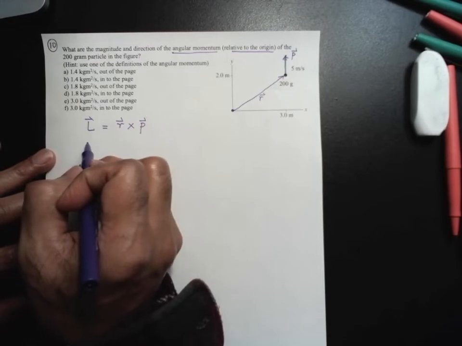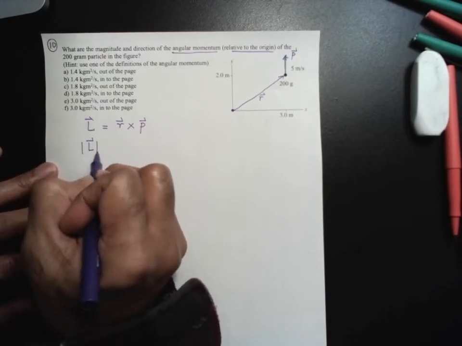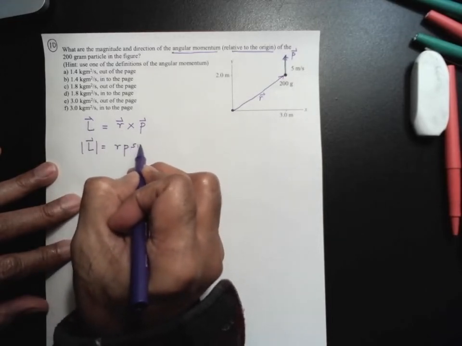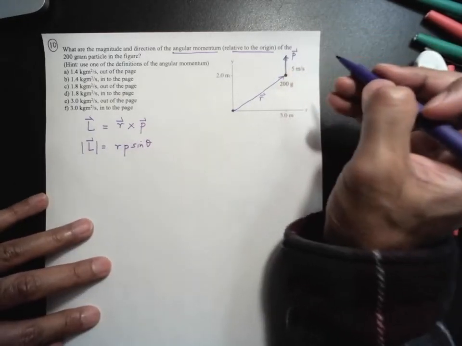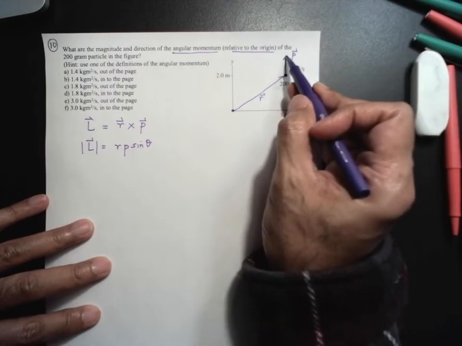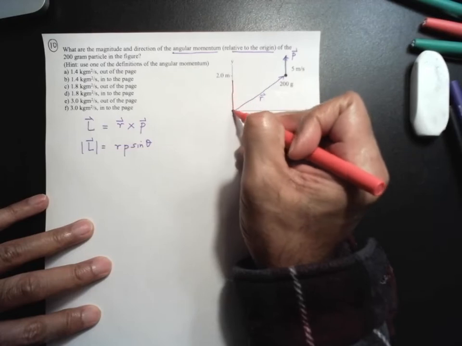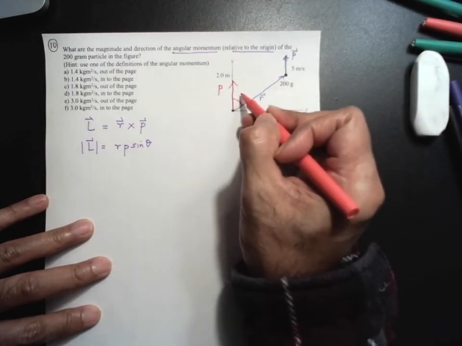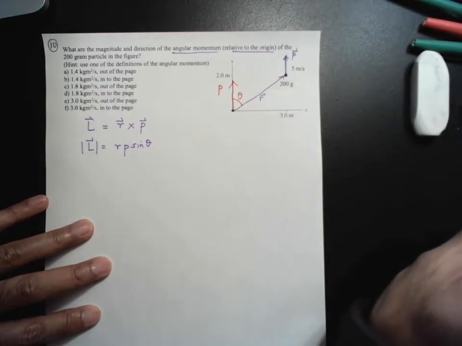The magnitude is simply the magnitude of r, magnitude of p, times the sine of the angle between the two. And what's the angle between the two? You can translate the p vector anywhere you want. So how about sticking it here? So there's p, and so the angle is this angle, the angle between the two vectors.